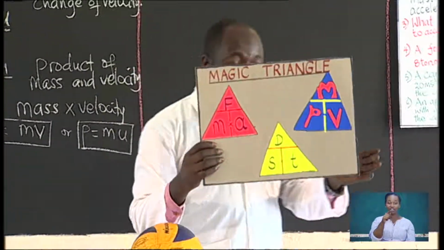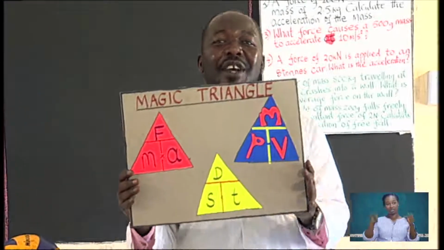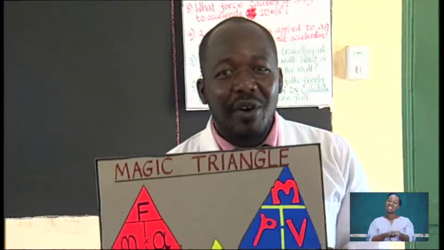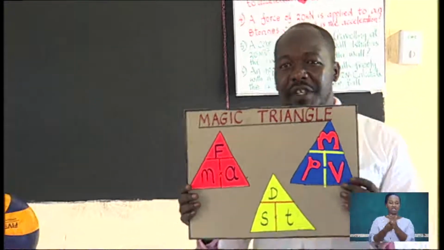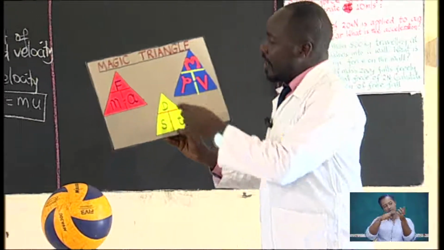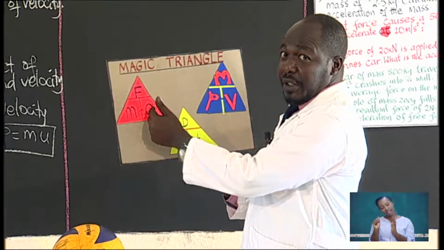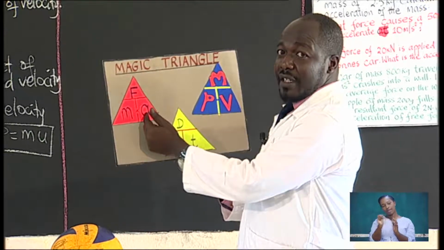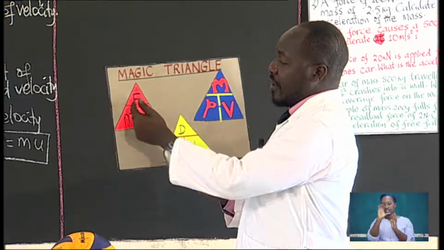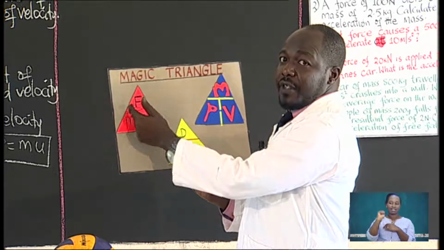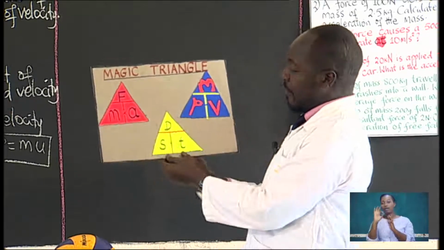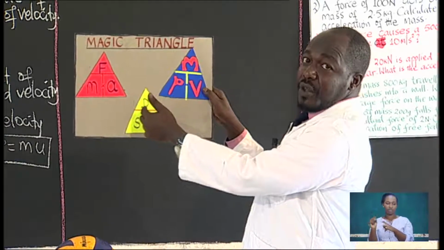You need to remember this formula because you're going to be using it for a very long period of time, for as long as you are studying physics. Very important formula. So mass is force over acceleration, sorry. Mass is force over acceleration. Acceleration is force over mass. And force is mass times acceleration. Also, this can be useful to you.